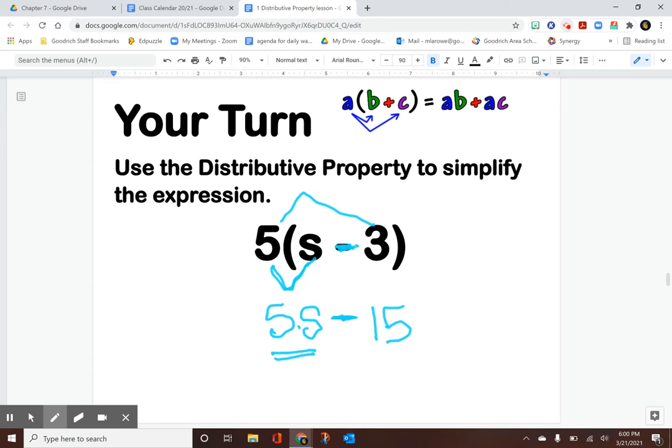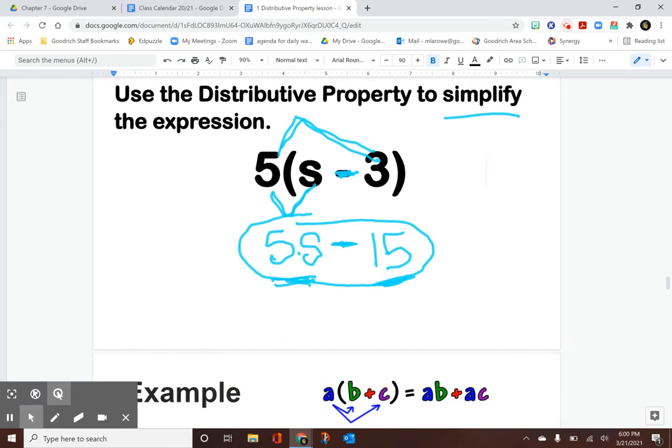And then we have minus 5 groups of 3, which is really just a 15. And we can't put the 5s and the 15 together because one has a variable and one doesn't. It's a constant. But at least this is a simplified expression. How'd you do?